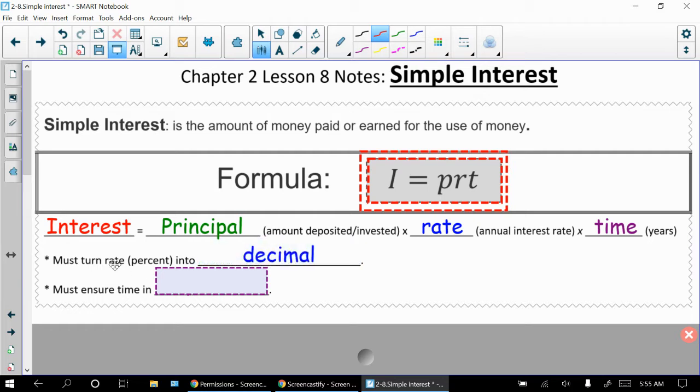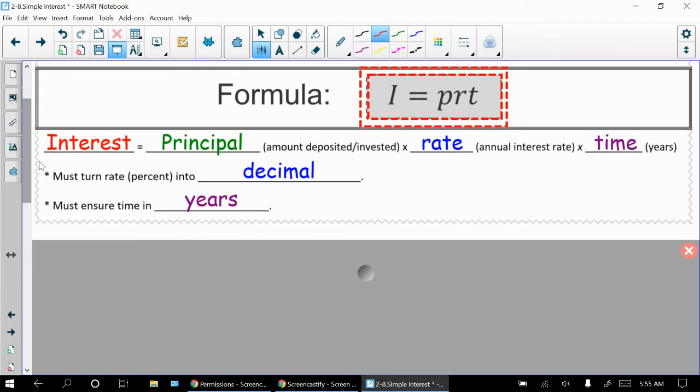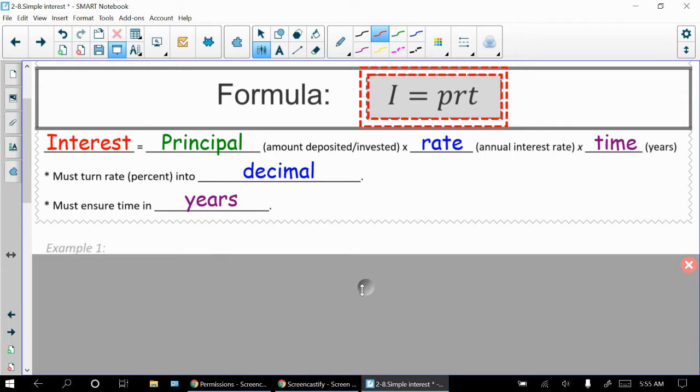Remember, your percent has to be turned into a decimal to be able to multiply. And we also have to make sure if time is given in months, we put it in years. So that's where the I equals PRT comes from.